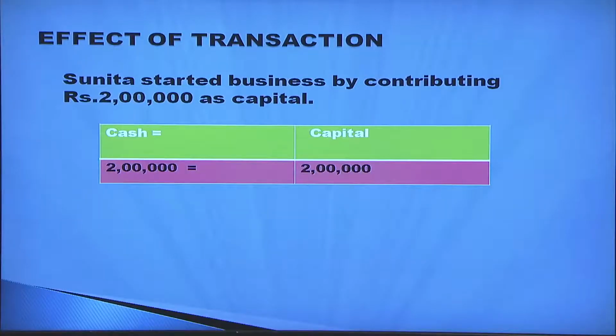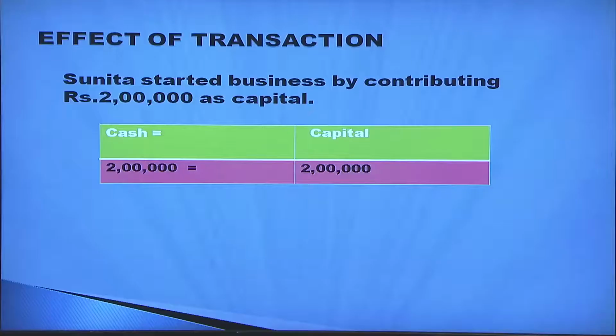Sunita started business by contributing rupees 2 lakh as capital. Now let us study how this is affecting the accounting equation. Started business with capital, that is cash is coming into the business. So I have given here in the equation cash equals capital. 2 lakh rupees cash is invested in the form of capital.